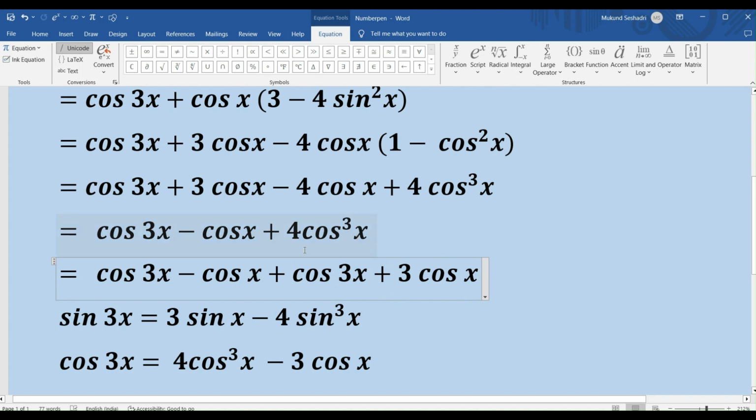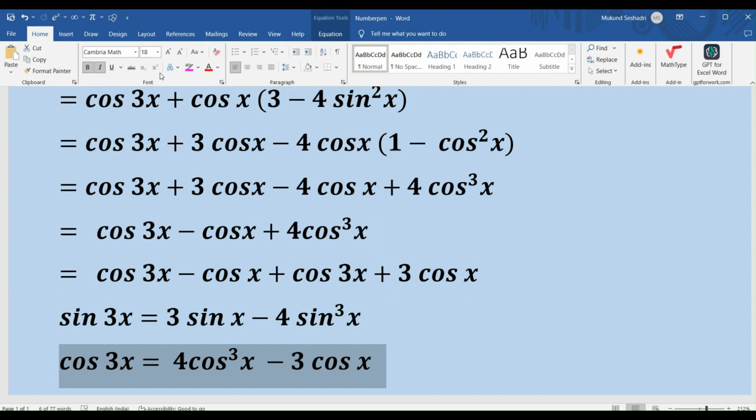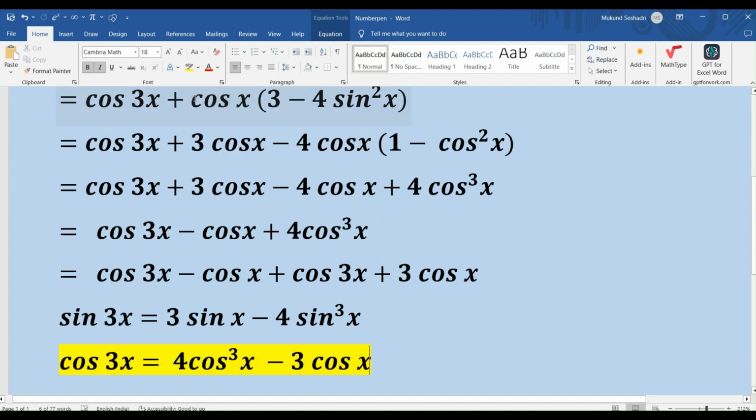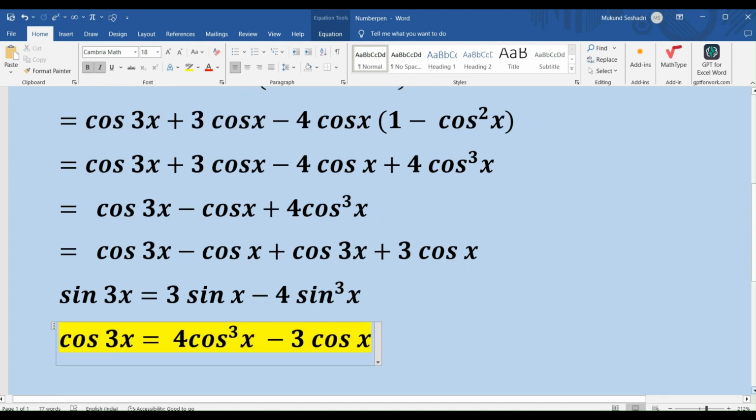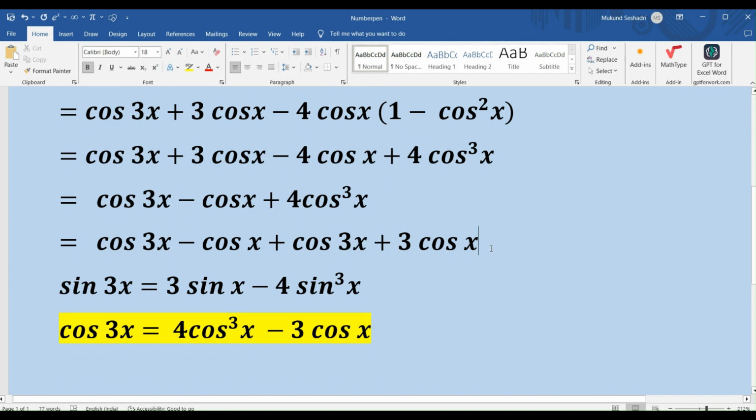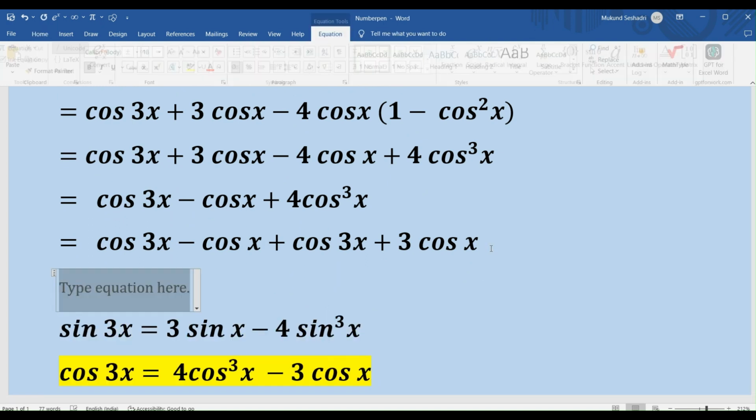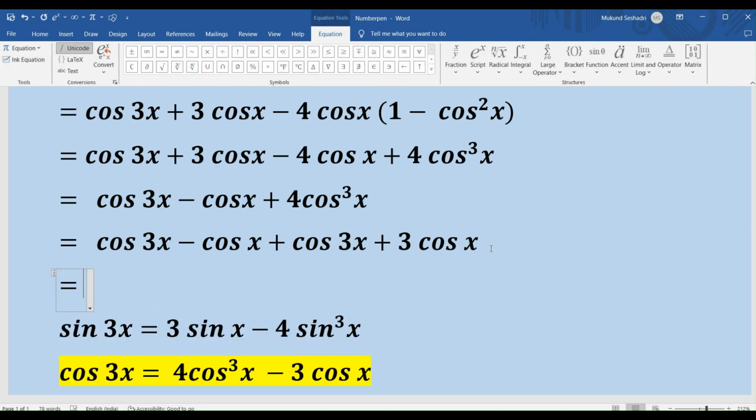I'm doing a little bit of rearrangement using this particular formula. Let me highlight this in yellow, which is nothing but cos 3x equal to 4 cos cube x minus 3 cos x, right? So let me go to the next line. I know that I more or less have what I want. I have 2 cos 3x plus 2 cos x, right? So the expression sine 4x the whole divided by sine x is nothing but 2 times cos 3x plus cos x.